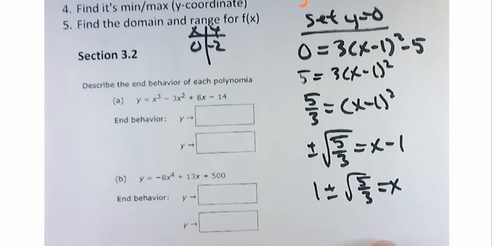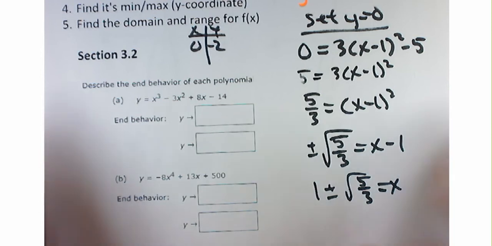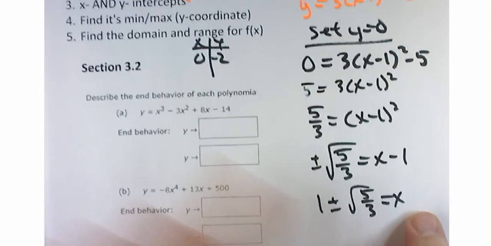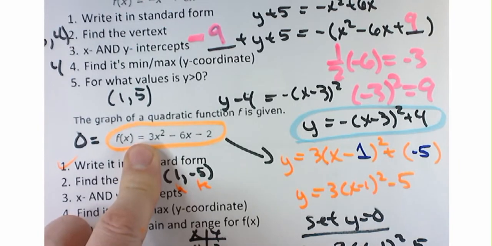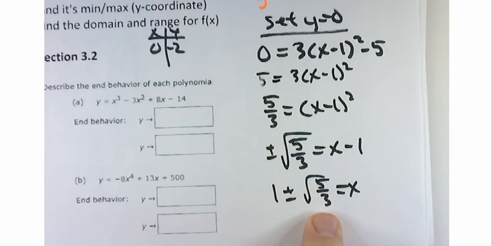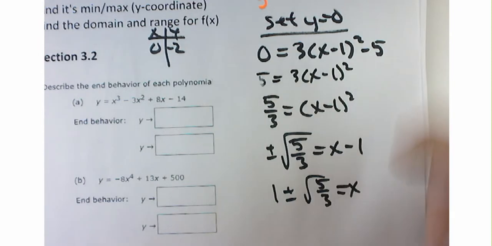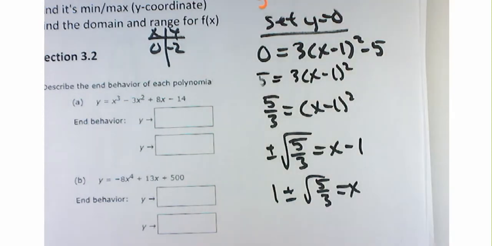And there you go, there's your two roots: 1 plus or minus the square root of 5 over 3. Beautiful. So I don't know, what are you inclined to do? Do you think you'd like to do the quadratic formula here or the square root property here? I think this feels a little bit less painful. It's up to you.